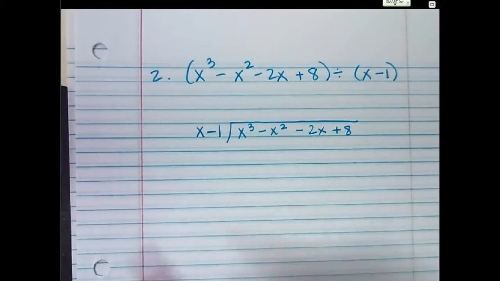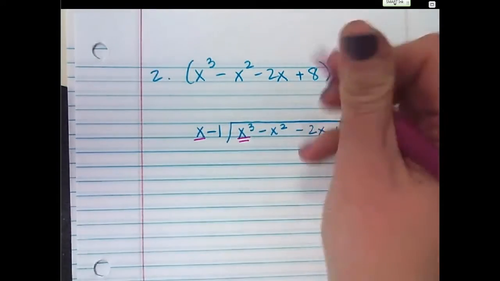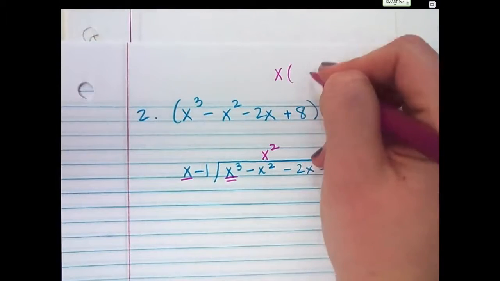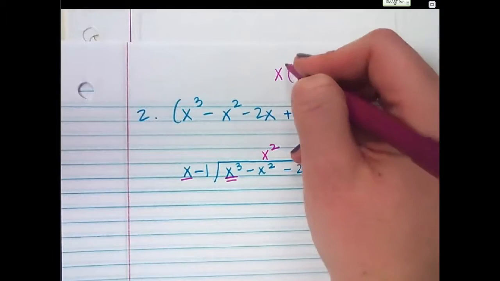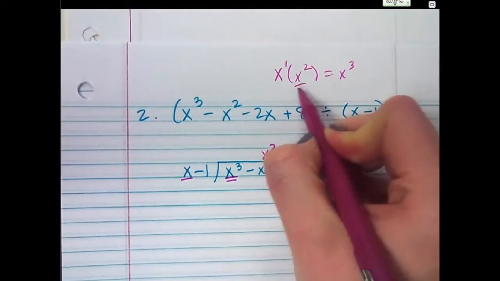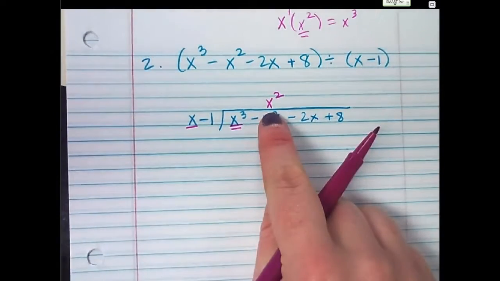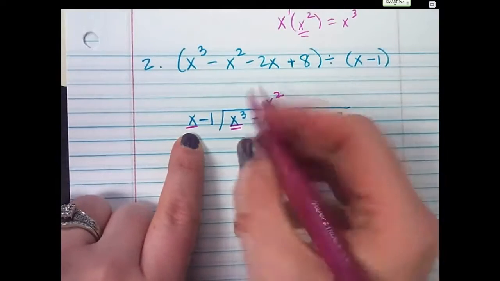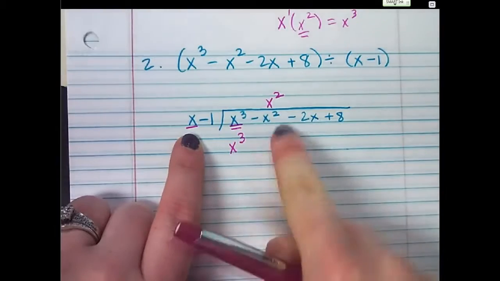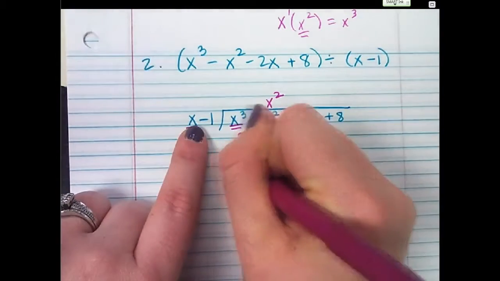Did you figure out the first part? What times x gives you x cubed? x squared, right. Remember, if I have 1x and I'm trying to get to 3, I have 1. This is adding, so you're just missing 2. So that's what goes up top. Okay, now I multiply x squared times x cubed, and x squared times negative 1, negative x squared.